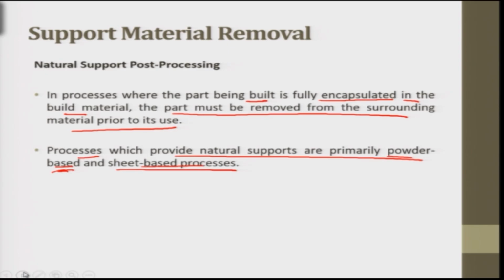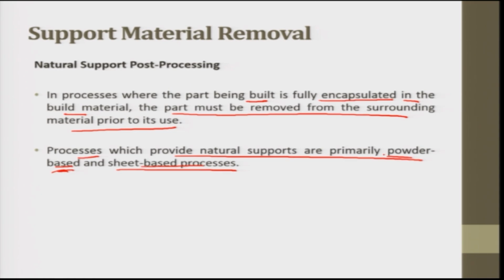In powder bed fusion and binder printing processes, it is required to remove the part from the loose powder surrounding the part, and the sheet metal lamination process requires removal of encapsulating sheet material.